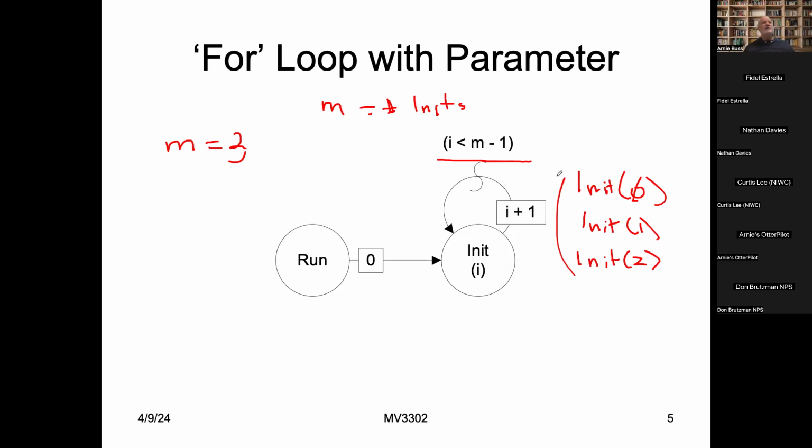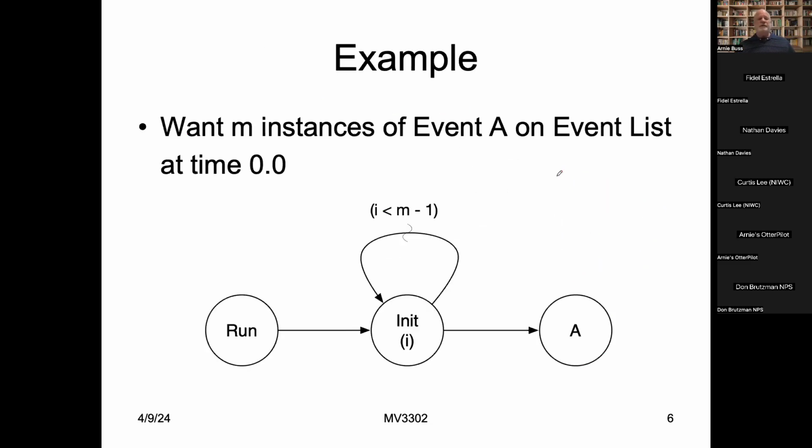Okay, so why do this? Well, there are certain situations where I want to have a certain number of a particular event on the event list at one time. So here, this is what that looks like. Here's how I could use that. Supposing I have some event, I'll call it A, and I want M instances of that on the event list at time 0.